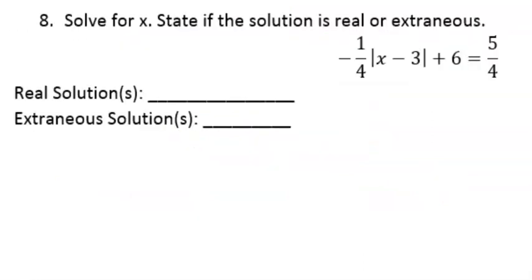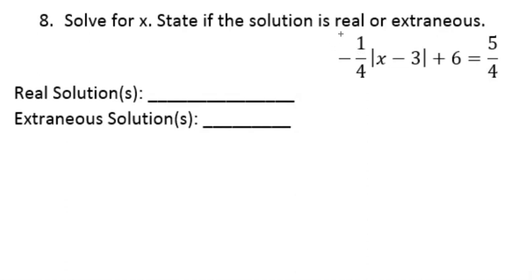Number 8. Solve for x. State if the solution is real or extraneous. We have negative 1/4 times the absolute value of x minus 3 plus 6 equals 5/4. So we could either get rid of the fractions first or subtract 6.